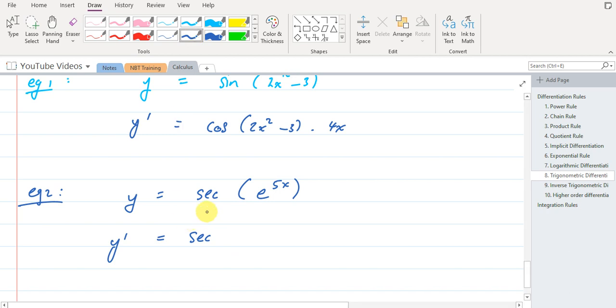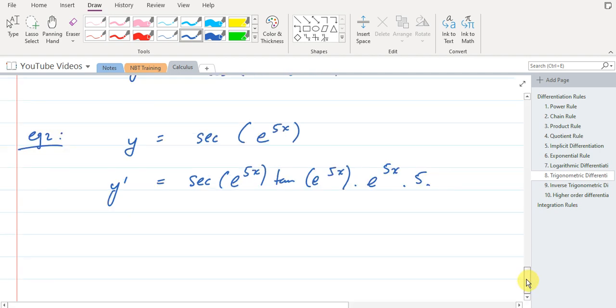So the derivative of sec is sec tan, so sec e to the power 5x, tan e to the power 5x, and now you need to differentiate e to the power 5x, which is e to the power 5x times 5, and that's your final answer, unsimplified.